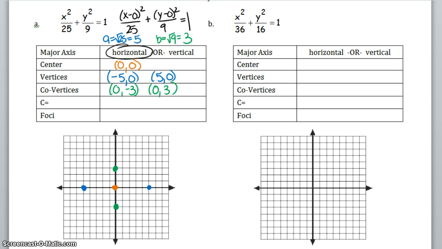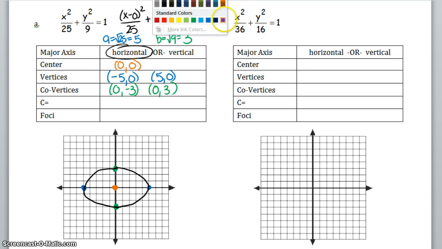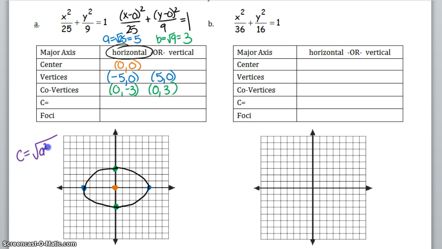Next, we need to find our foci. But before I do that, I would recommend drawing your ellipse shape on your graph. This makes sure that you will only connect vertices and co-vertices, since that's pretty much the only thing we have drawn at this point. So now, after I do that, I need to find the value of c to find my foci. So c is going to be the square root of our a squared minus b squared.